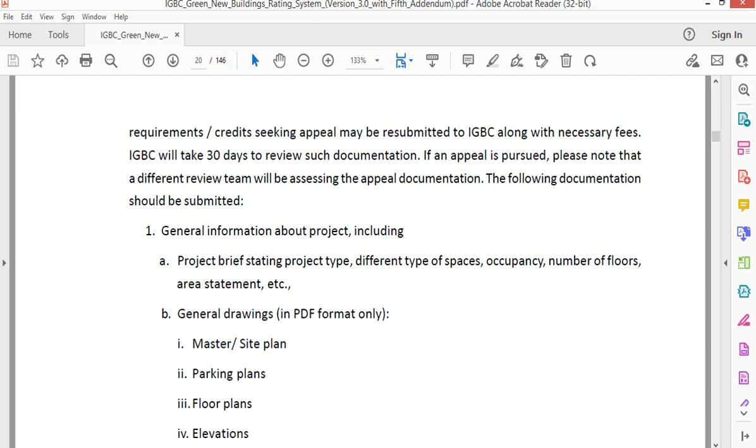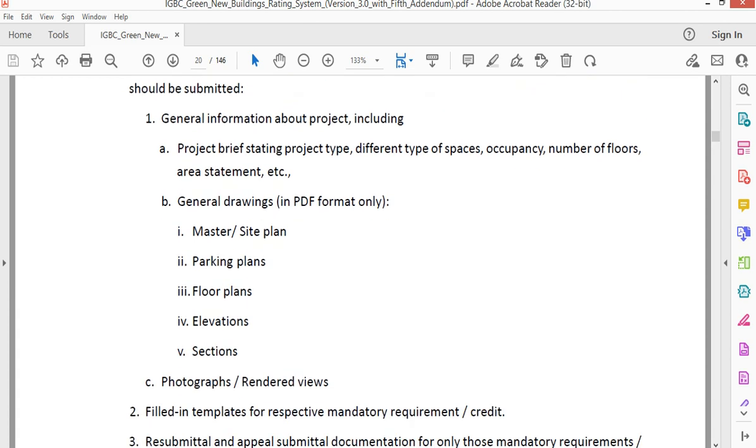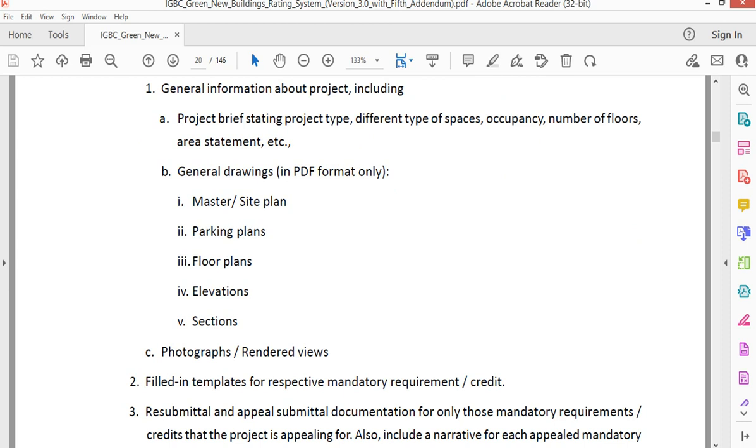If any such appeal is pursued, one should remember that a different review team would be assessing the appeal documentation, and not the same review team which was available during the pre-certification stage or the certification stage. The documentation to be submitted is the general information, which includes the project brief, the general drawings, the photos, and the filled in templates for that particular mandatory requirement or the credit.